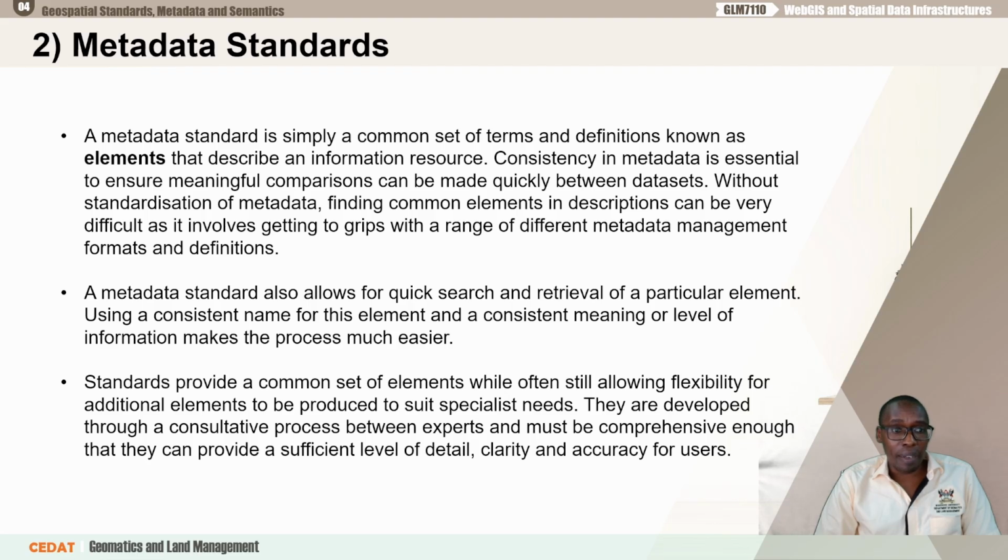This basically makes the process much easier for you to discover information and even evaluate it. Standards provide a common set of elements, while they still allow flexibility for additional elements to be added so that you can contextualize that standard to your country or to your organization.